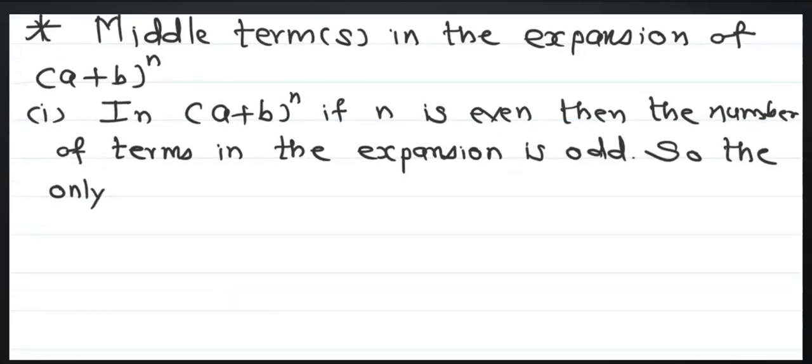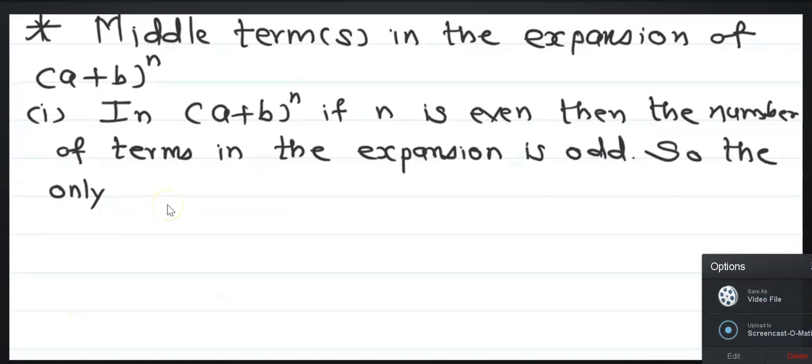If we expand (a + b) raised to 3, then we get 4 terms, that is an even number of terms. But if instead we take n as 2, which is even, then in the expansion of (a + b) square we will get an odd number of terms.